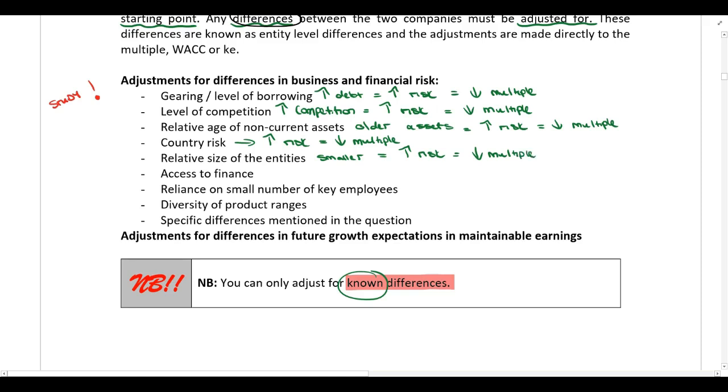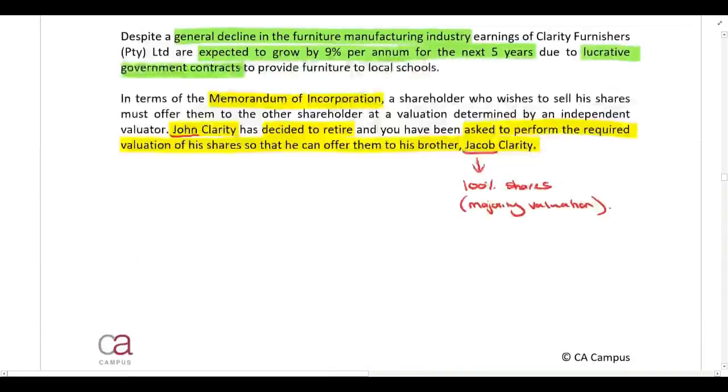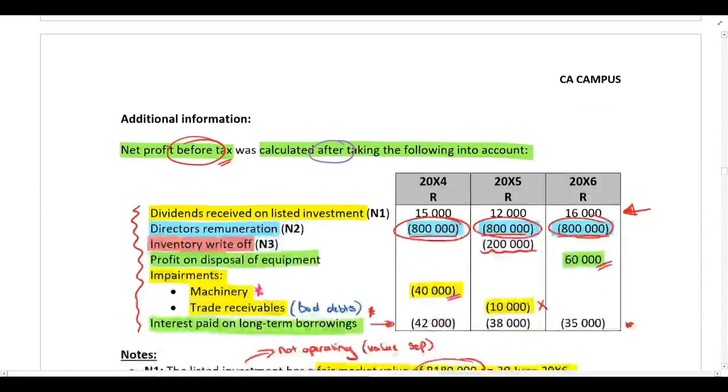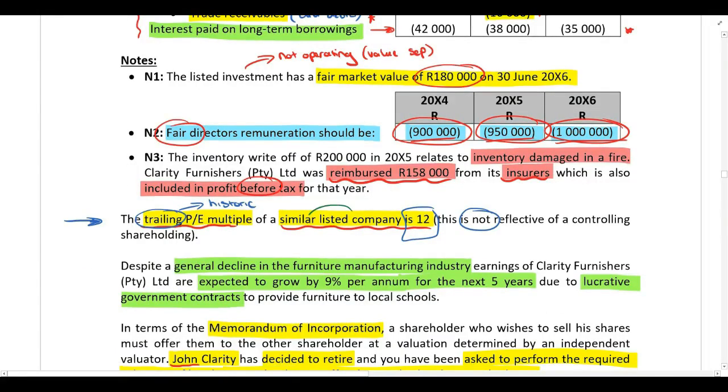Now, this is a difference that we can adjust for in our question, because if you go back to the information that we were provided with, we were told that Clarity Furnishers is a small family-run business, and we are using the PE multiple of a similar listed company. So a listed company is not going to be a small family-run business. So this is a difference we should definitely adjust for. Clarity Furnishers is smaller. Because they are smaller, they are exposed to more risk of business failure, so we therefore need to decrease the multiple.